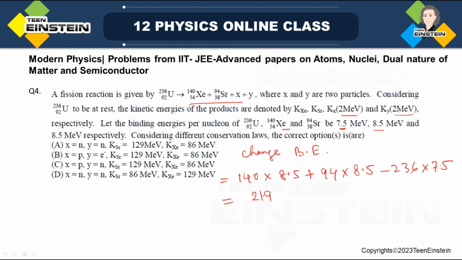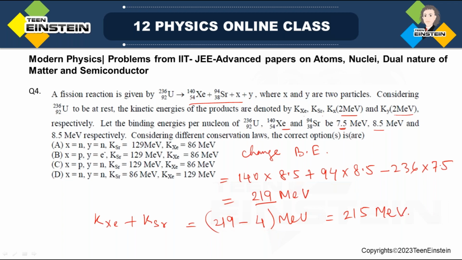So this will be the change in binding energy. Now change in binding energy, this is MeV, will be manifested as the kinetic energy. So we know the kinetic energy of two products X and Y. So the kinetic energy of Xe plus kinetic energy of Sr must be 219 minus 4, which is 215 MeV.